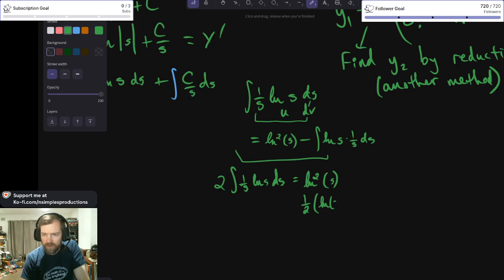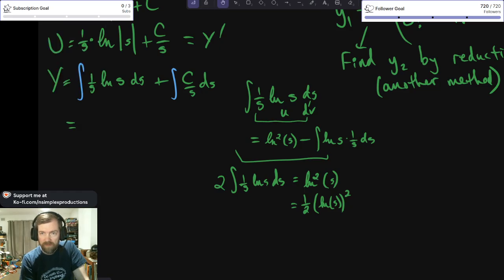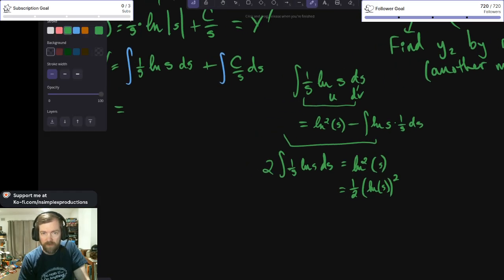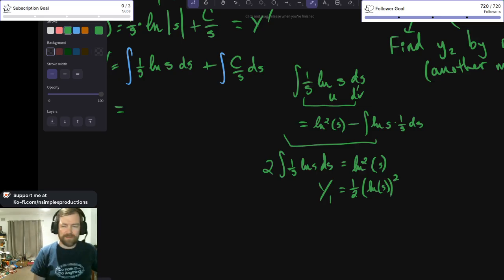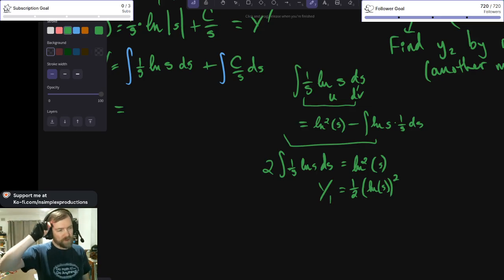One half natural log of S, parentheses squared, is going to be equal to the first part of Y. So we get U times V. And so the integral of 1 over S dS is natural log of S times U, which is natural log of S, so natural log squared.